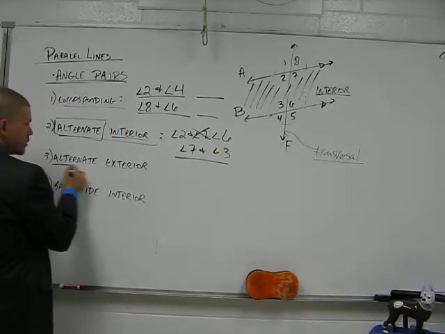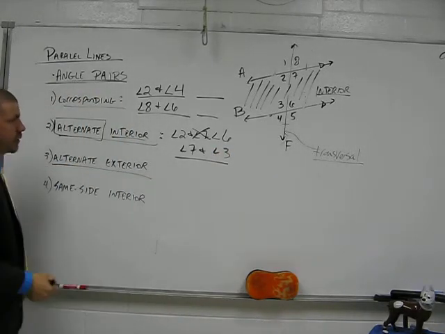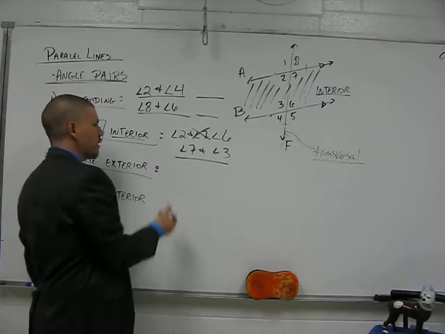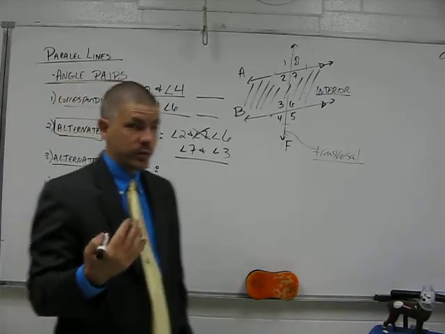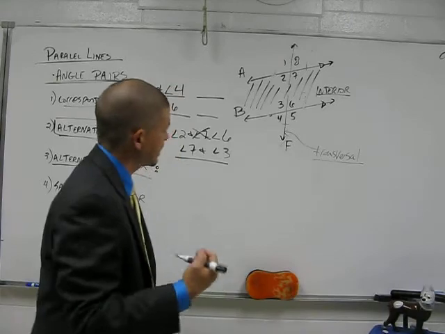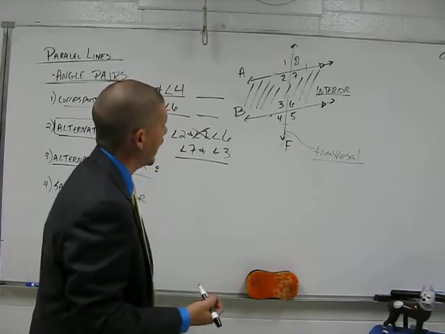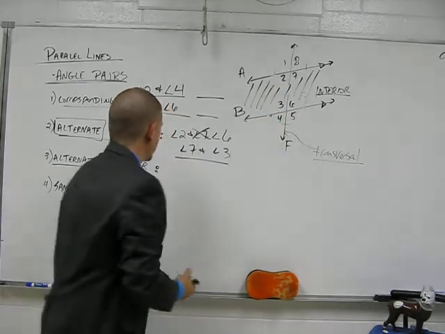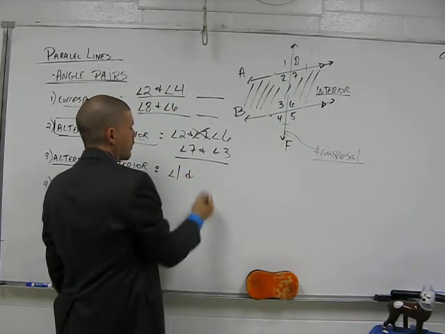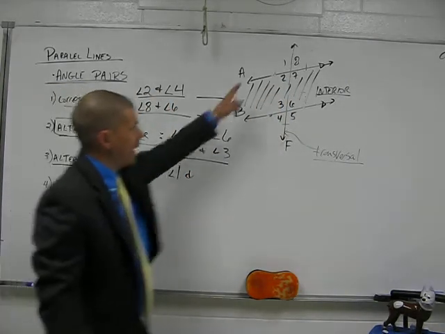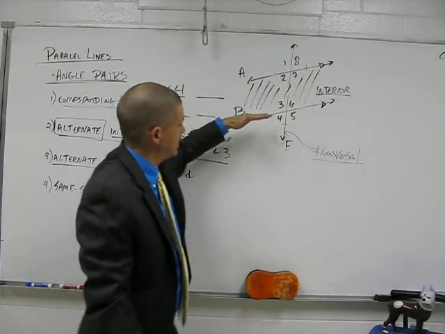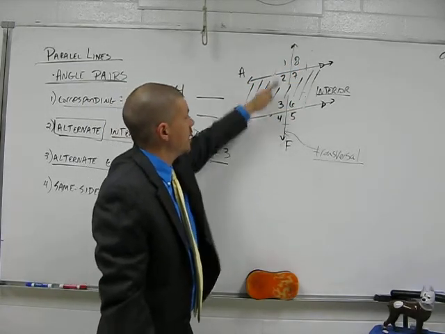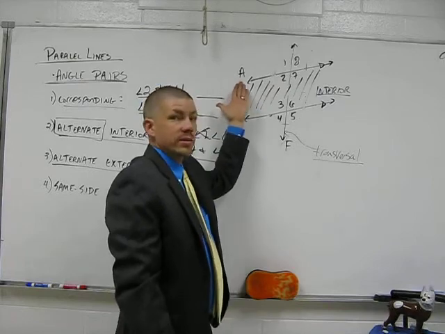Now, if I were to alternate on the exterior, first of all, I have to know which angles are on the exterior. That's right, angle 1, angle 4, 5, and 8. So if I were to alternate, that would be angle 1, and I can't use 8 because that means I didn't use B. I can't use 4 because those are on the same side of the transversal.